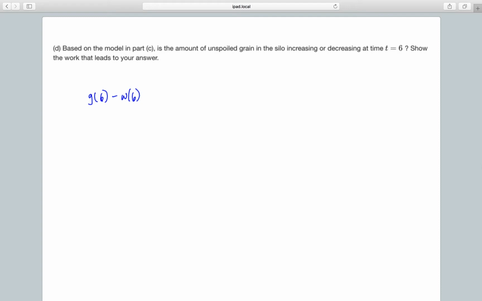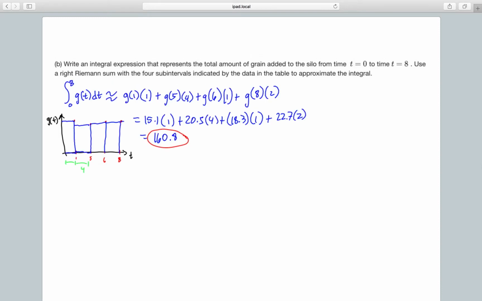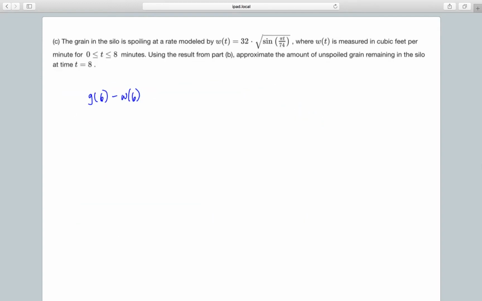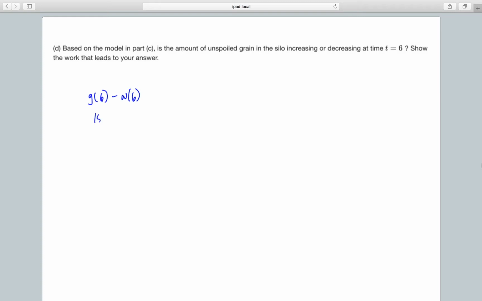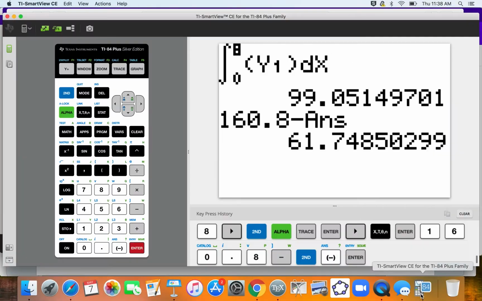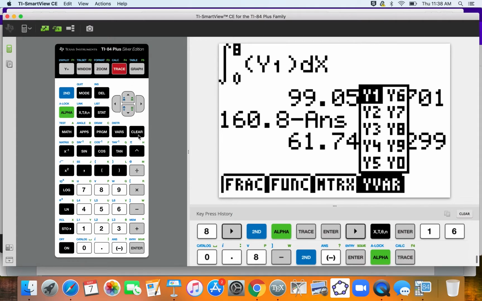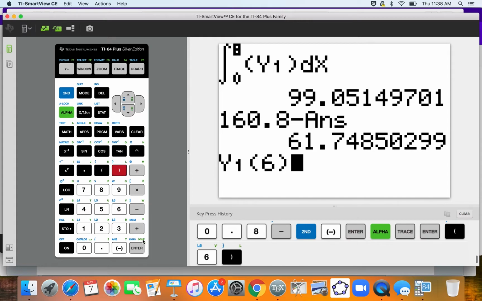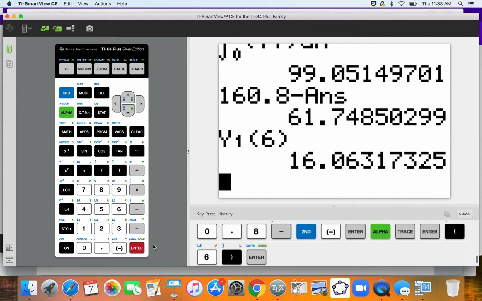So we actually have g of 6, which is 18.3. W of 6, since we already have that function entered into our calculator in y1, I can just go alpha trace y1 of 6. Now you get about 16.063.